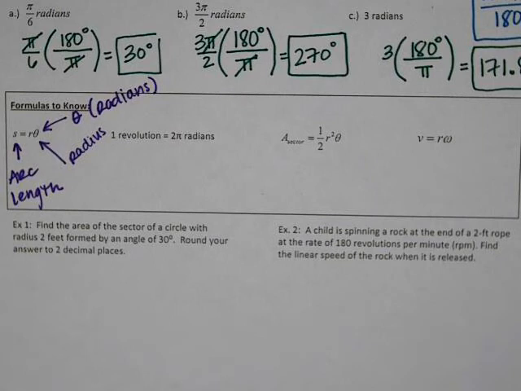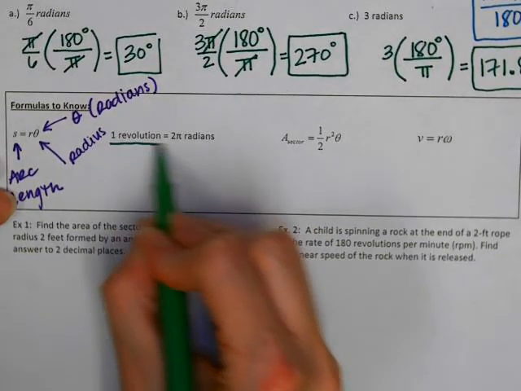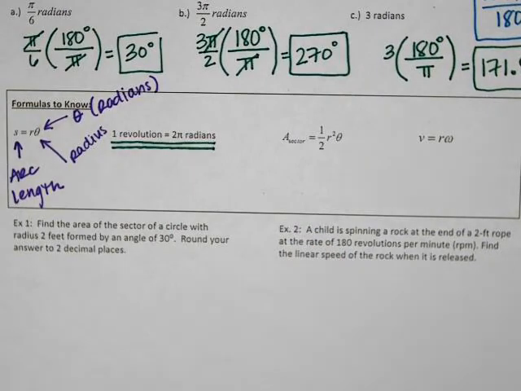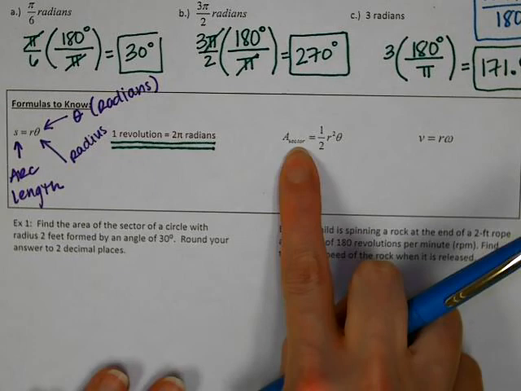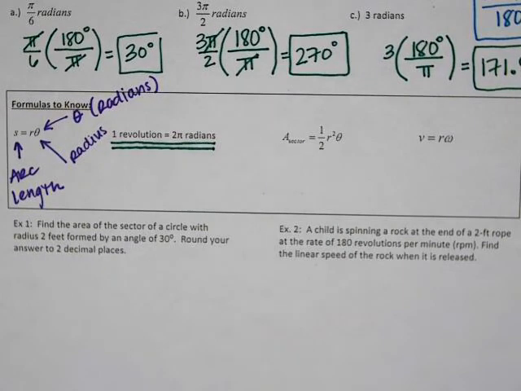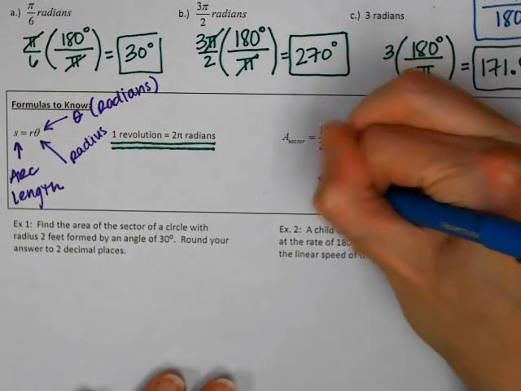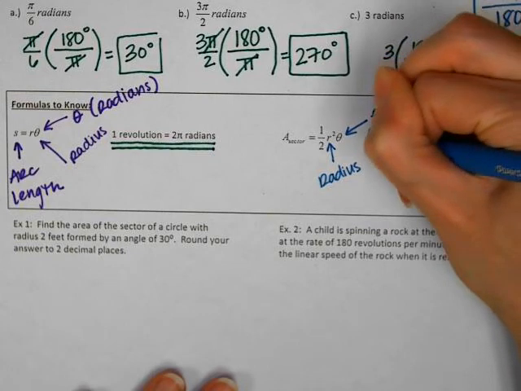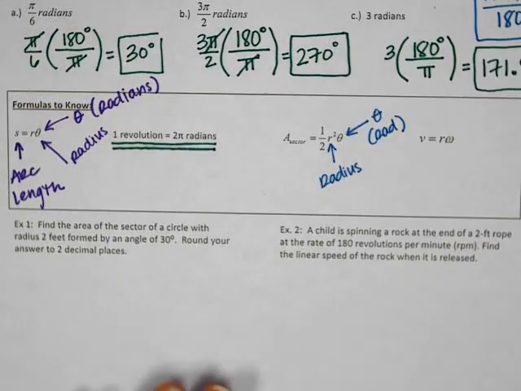And then the next formula is there's 1 revolution is 2 pi radians. We're going to use that one soon. The area of a sector of a circle is 1/2 r squared theta. Again, where r is the radius and theta is the angle in radians.